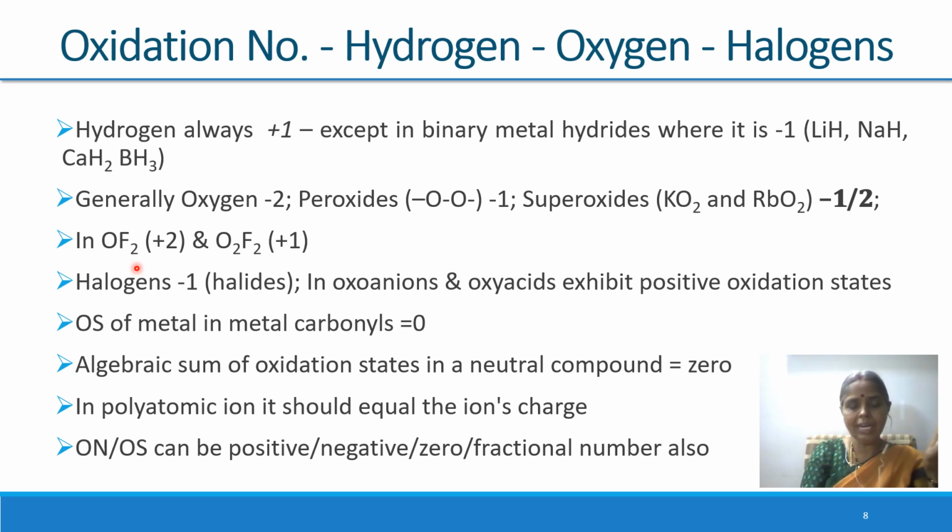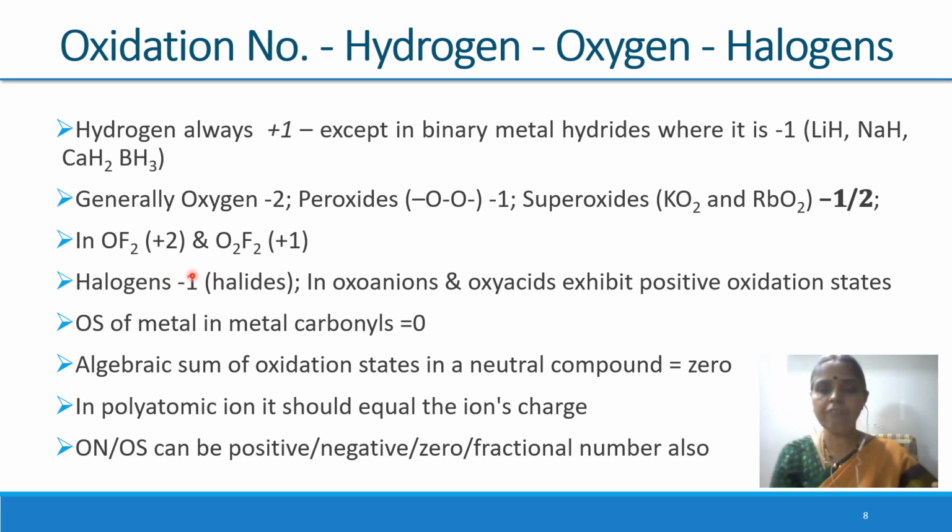We have already learnt that fluorine will have only minus 1. So when oxygen is combined with fluorine in OF2, it is plus 2. In O2F2, it is plus 1 only. These are the exceptions, but generally oxygen will have minus 2, in peroxides minus 1, in superoxides minus half, in OF2 plus 2, in O2F2 it is plus 1.